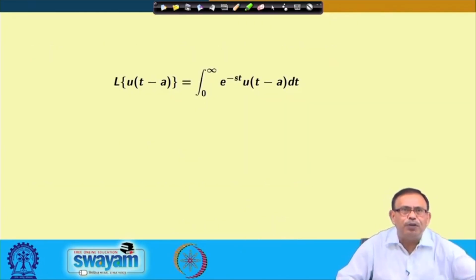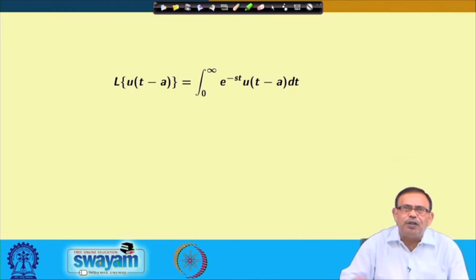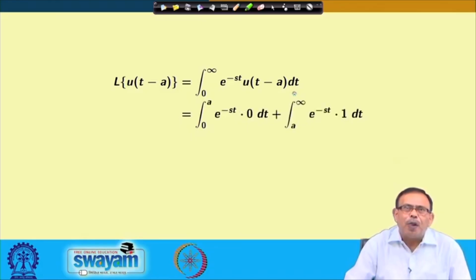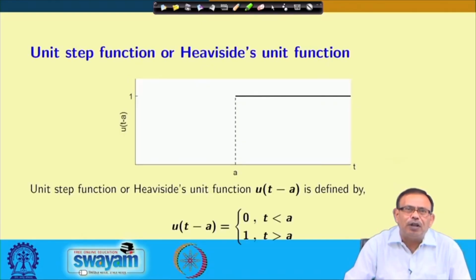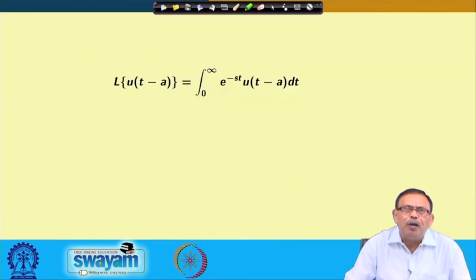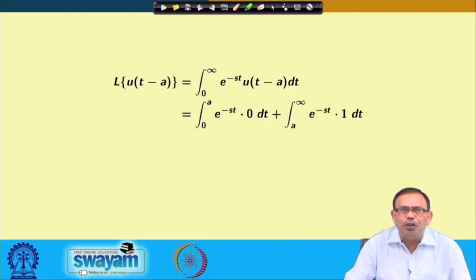The Laplace transform of u(t minus a) equals the integral from 0 to infinity of e power minus st u(t minus a) dt. I can break this, since the function is defined in two ranges: from 0 to a the value is 0, and from a to infinity the value of the function is 1.